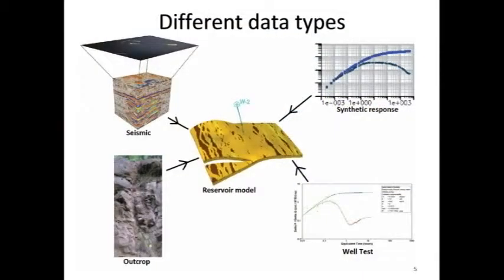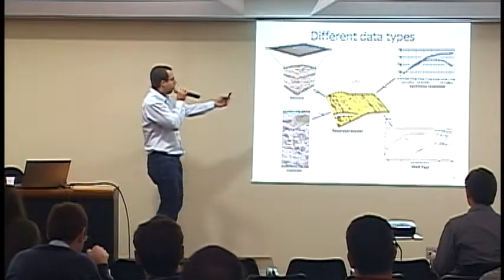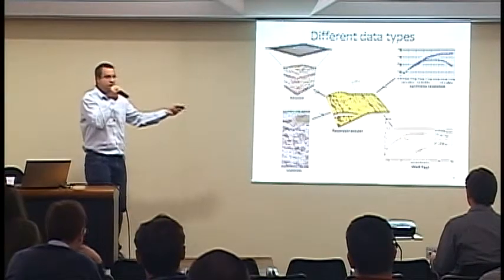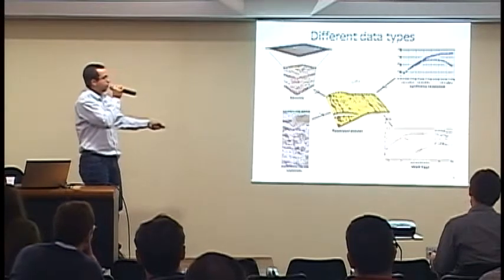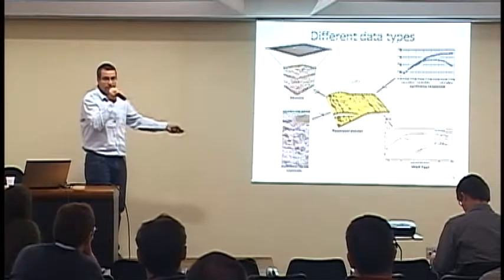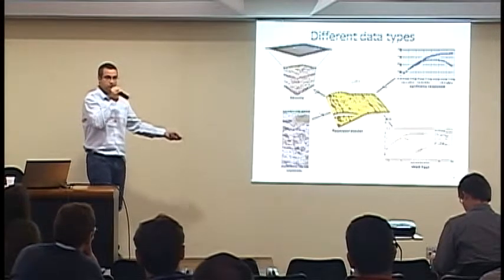Here I put some data types just to give you a general idea about the reservoir model. In the middle, we have the reservoir model, and it's a combination of all the other data. For example, here we have the outcrop, so the geologist can get rock properties from it.